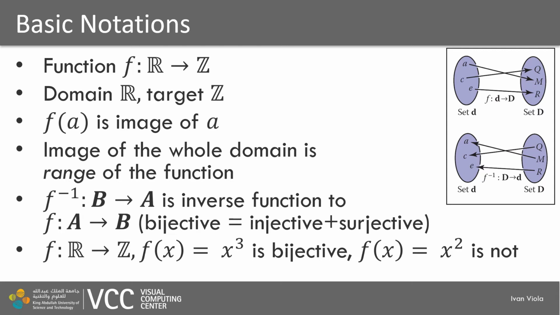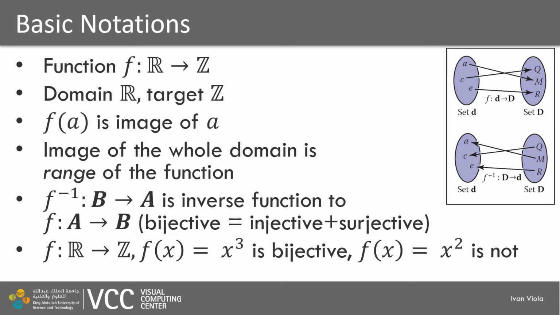And if these two conditions are fulfilled, then we have a one-to-one mapping between elements in the domain and the target, and therefore this mapping can be inverted.